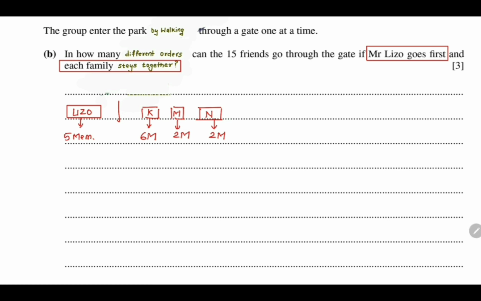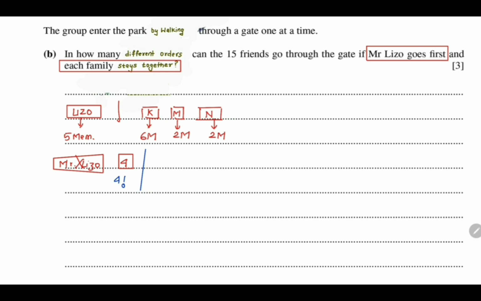So as the Lizzo family is first, if Mr. Lizzo has already entered, so how many members are left? 4 members are left in the Lizzo family. So these 4 members can enter through the gate in 4 factorial ways.